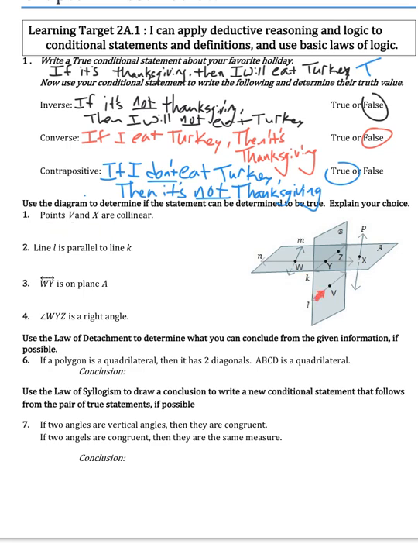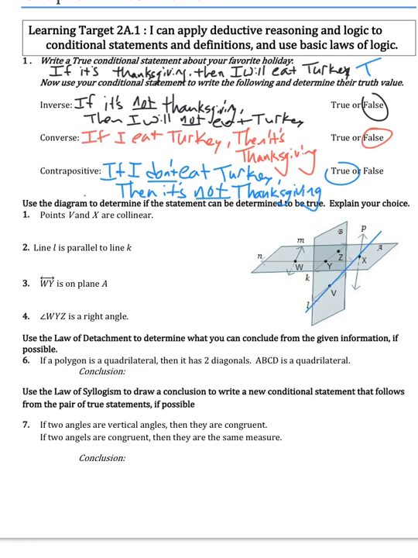Point V and X are collinear. All right? So, well, you know what? Collinear means that there's a line that goes through them. Now, doesn't look like they are. Doesn't look like there's a line, but does a line exist that can pass through those two? I think there is. And so let's see if I can draw a line.